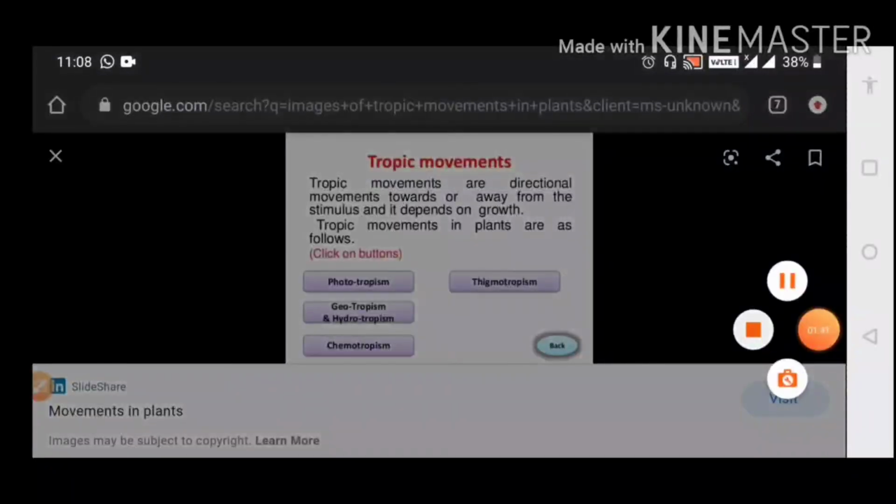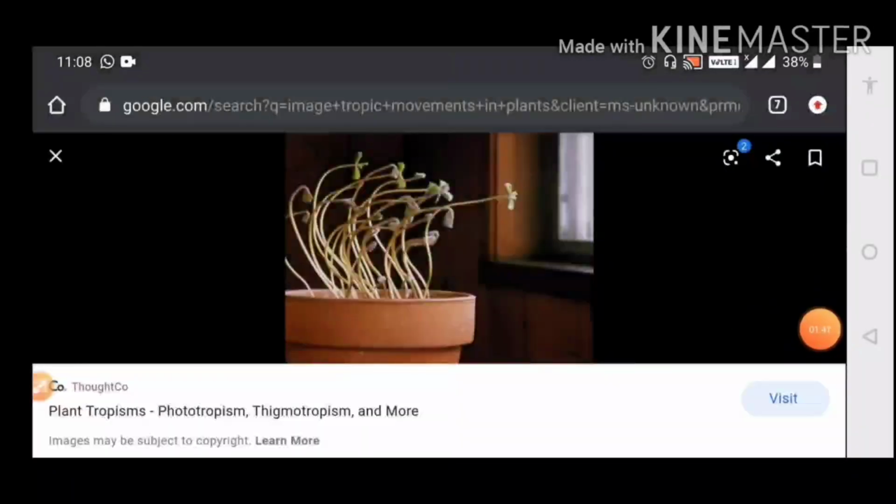Right? See, in this picture there is a tub, and in that tub some plants are growing, and the tub is placed near a window inside a dark room. Now what happens is that the stems and the leaves are growing and their growth is directed towards the light.